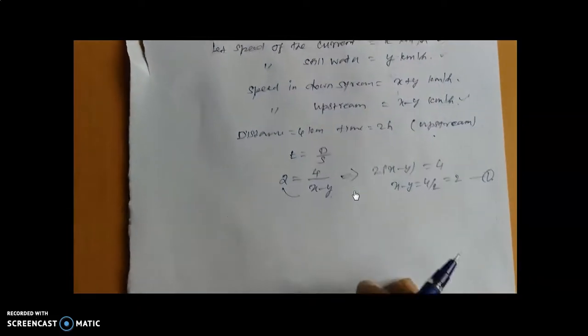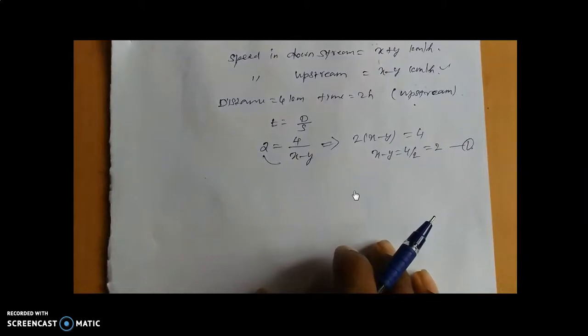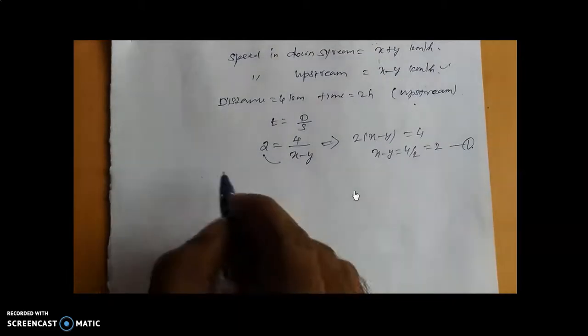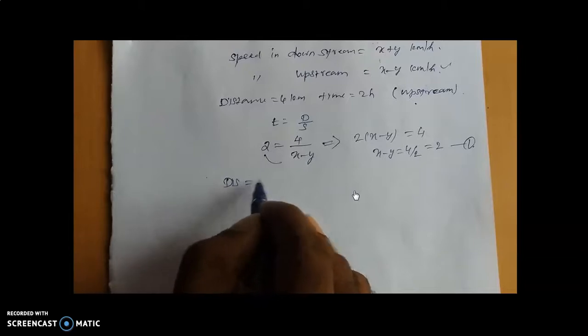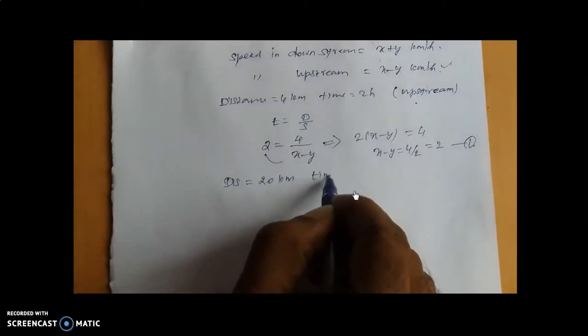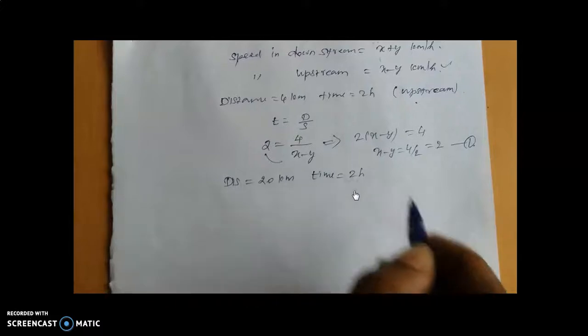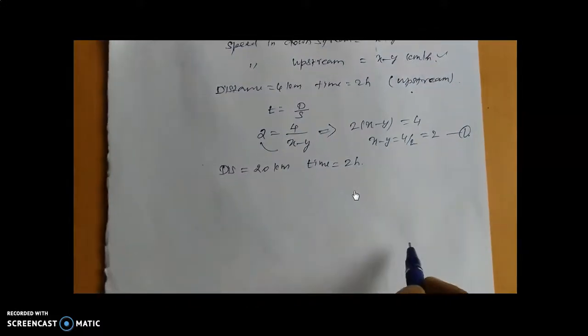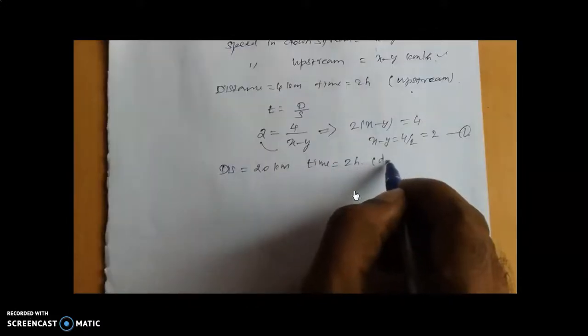Next, according to the second information, she can row downstream 20 km. Now distance equal to 20 km and time 2 hours. This is in downstream.